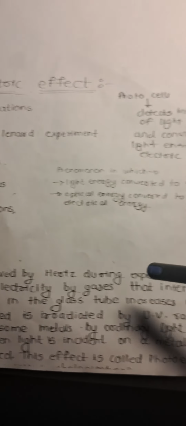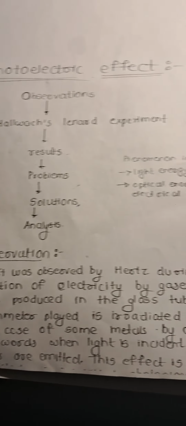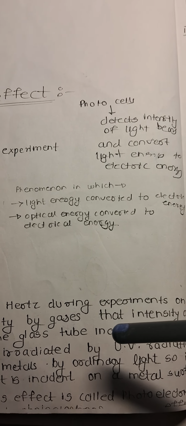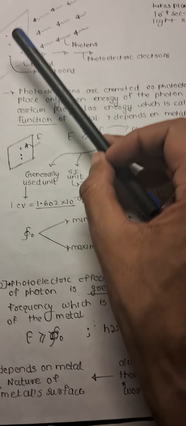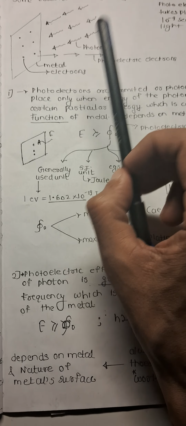It was observed by Heinrich Hertz during experiments on conduction of electricity that the intensity of sparks produced in the glass tube increases when the source is illuminated by UV light. As you can see over here, Hertz made that observation.